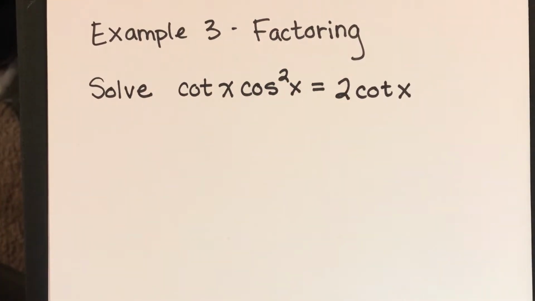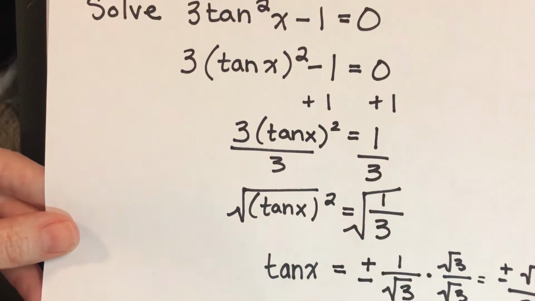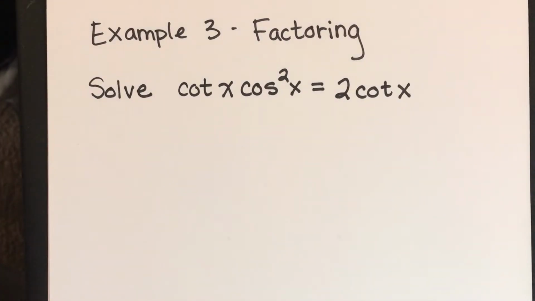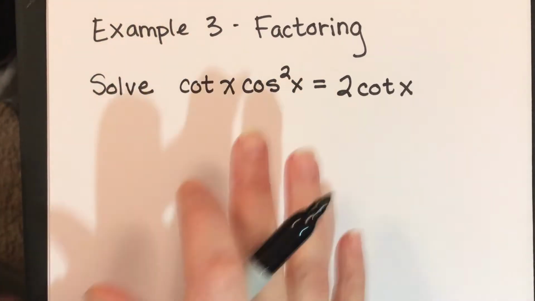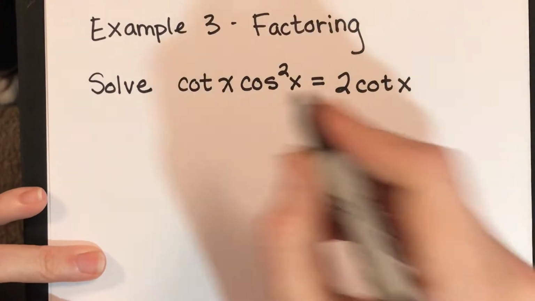Now, you were able to use the square roots method on the other example. So the other way, like we did on example 2, was to take the square root of both sides. We could do that there. That was okay. Just don't start dividing by things. You'll lose a solution if you do that.